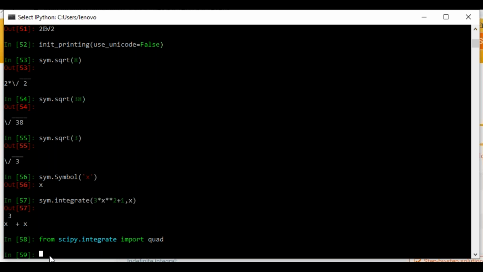Otherwise, you do the command pip install scipy. Okay, we can try that particular function, the integral from 0 to 1 of a x square plus b dx. Then I am defining a function here, def integrand, or any name you can give, with x, a, b in brackets, which will accept the values of x, a, b.